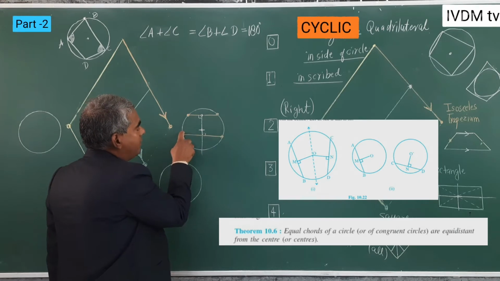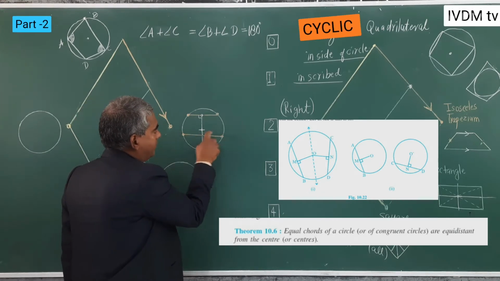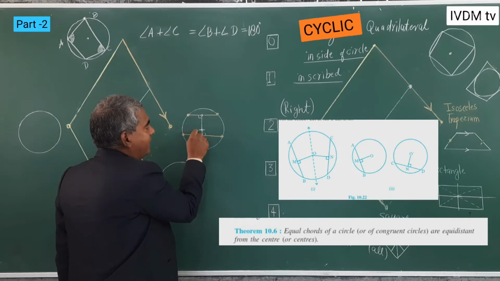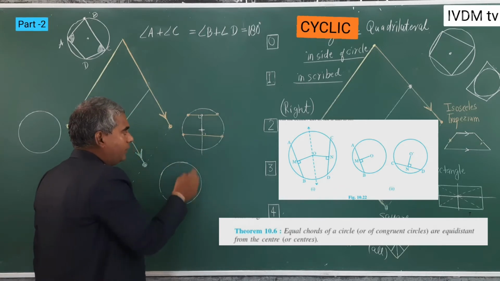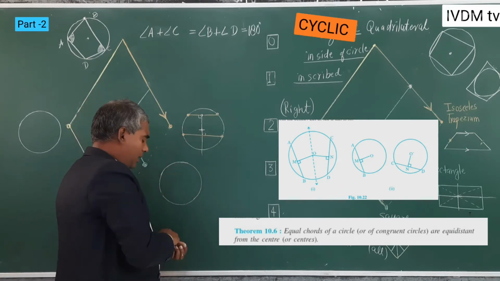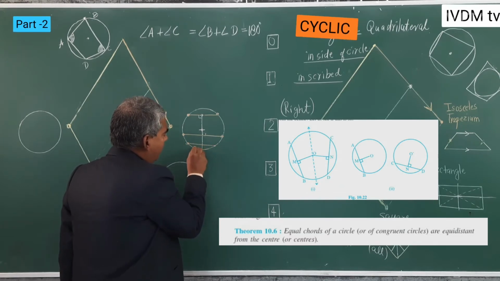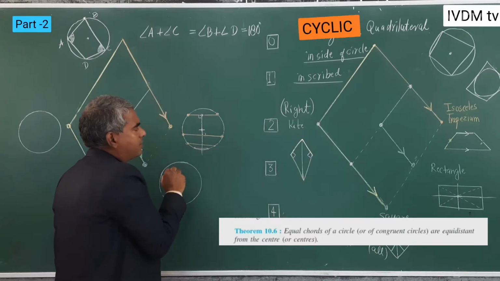As you increase the length the chord gets greater, and at the center it will be the diameter, the longest chord. Okay, so this is parallel. Other parallels may also be like this. These all are parallels.